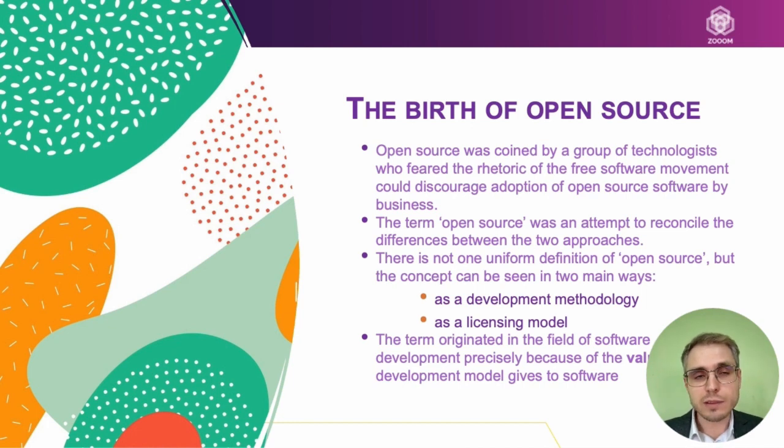There is not one uniform definition of open source, but the concept can be seen in 2 main ways. First, as a development model, a development methodology, and secondly, as a licensing model. The term originated in the field of software development precisely because of the value that the development model gives to software.